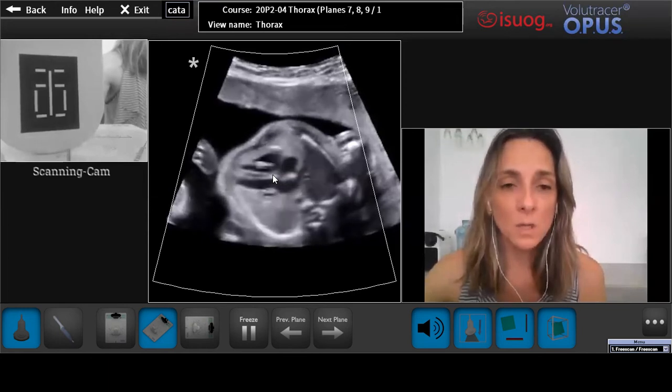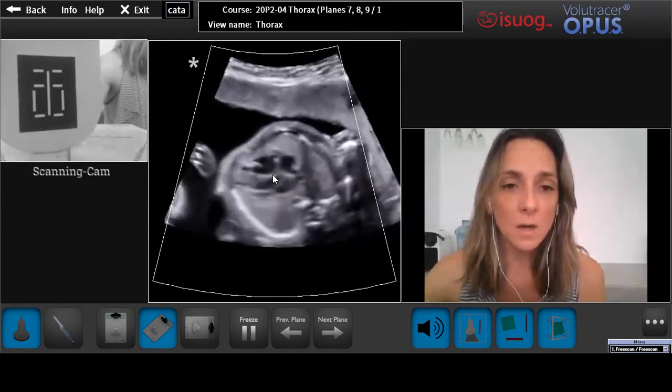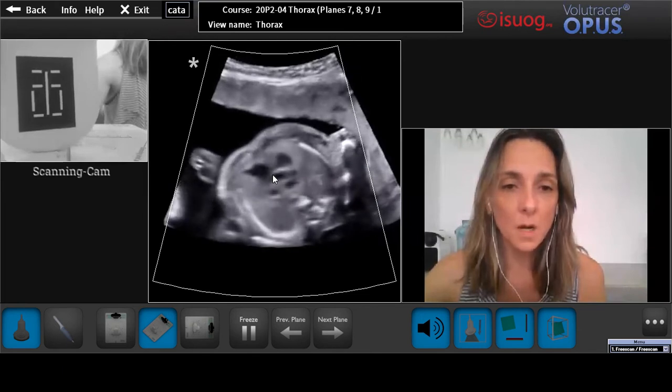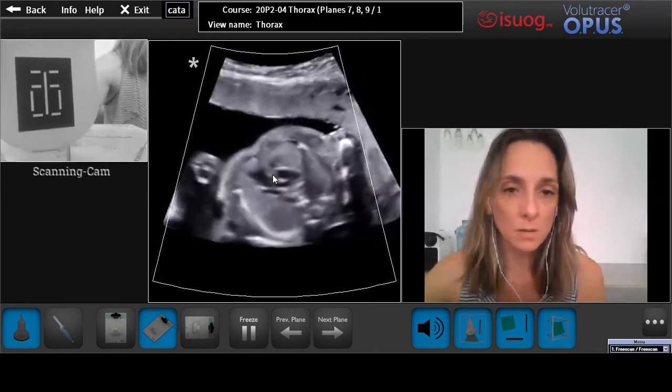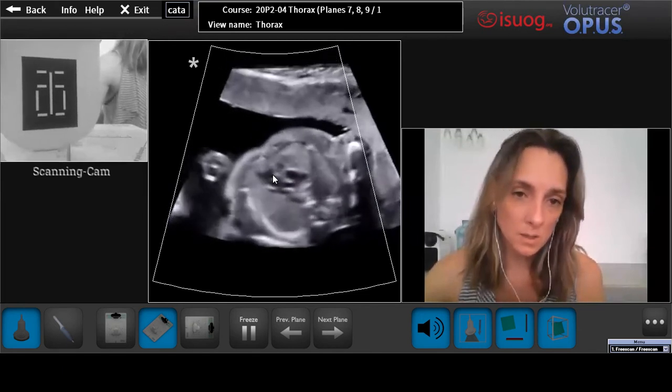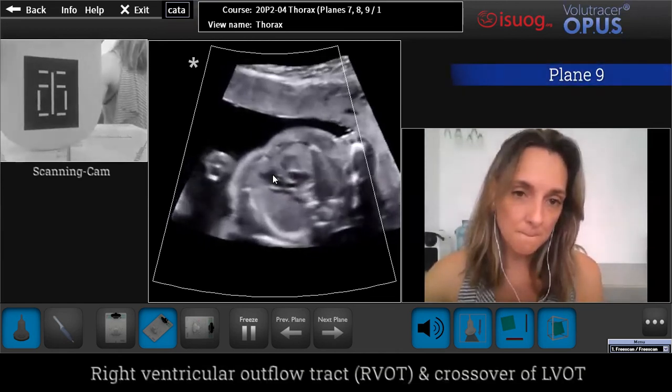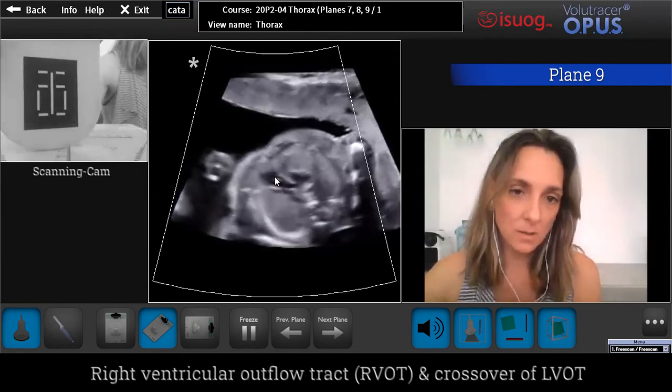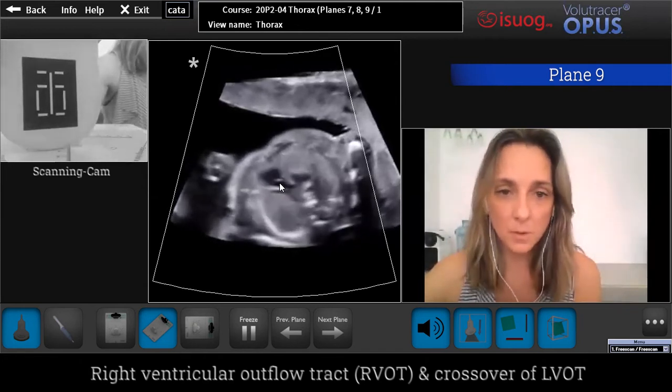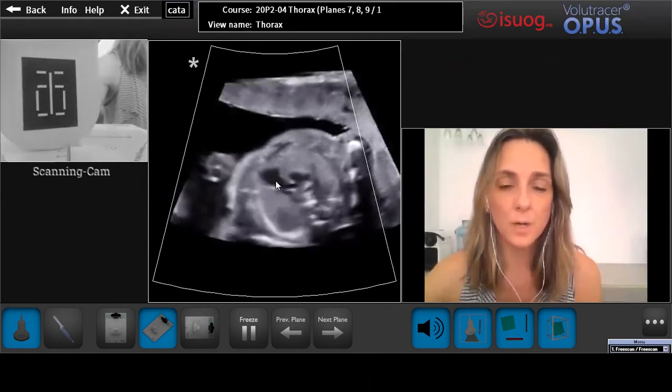And to do so, we need to slide upwards our probe slowly, so we can check here where we see the pulmonary artery here. This is the pulmonary valve right here, and this is the pulmonary branching here. So this is the right ventricular outflow tract.